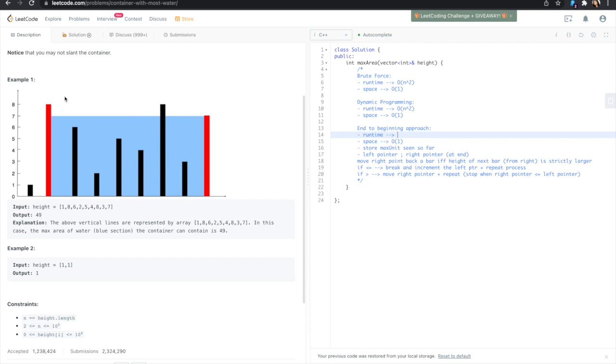So, am I missing something over here? Like, if this is taller, this one is also taller. Wait, could this potentially be better than this? If this was extremely tall, it'll be constrained by that.